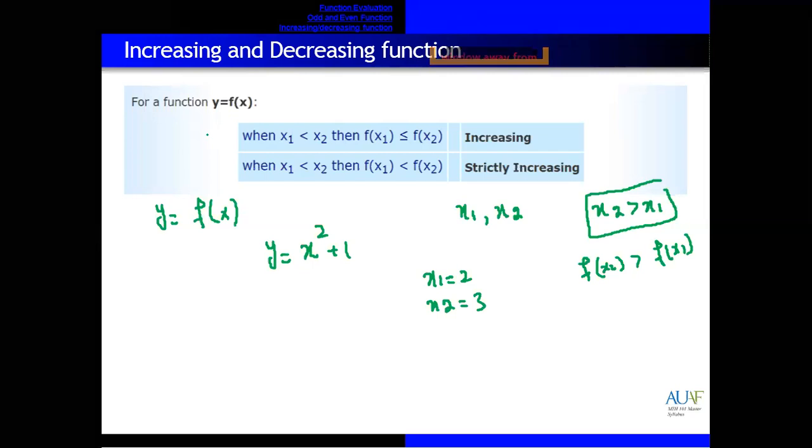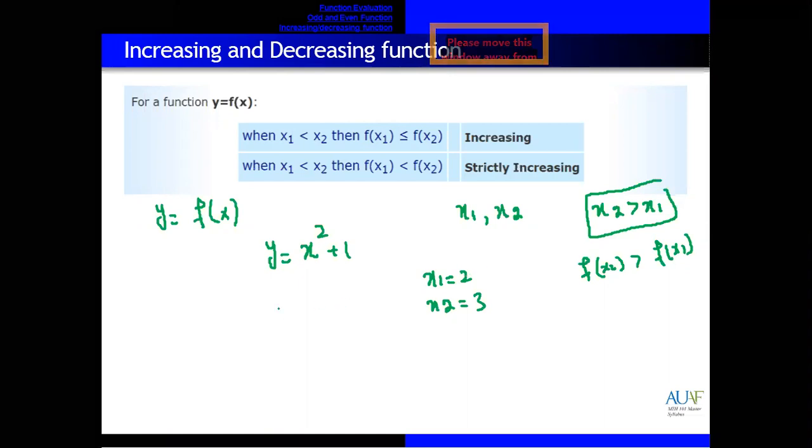Wait guys, just give me 1 minute. Okay guys, we have x1 is equal to 2 and x2 is equal to 3. The condition is x2 is greater than x1, so 3 is greater than 2.